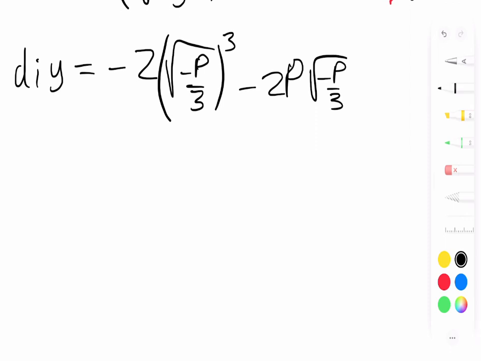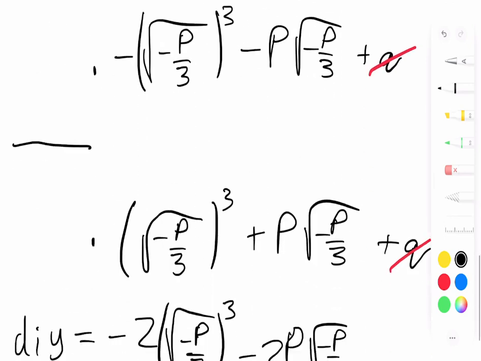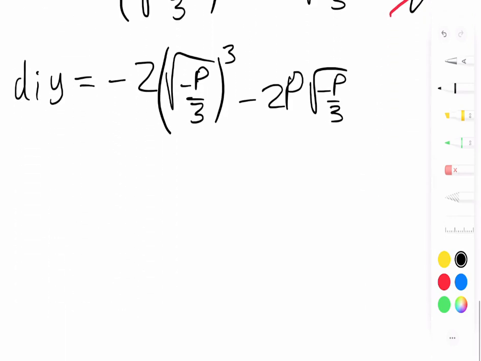Now, because we want to find half the difference in height, I'm going to halve this and I'm going to put it equal to q, just for ease.